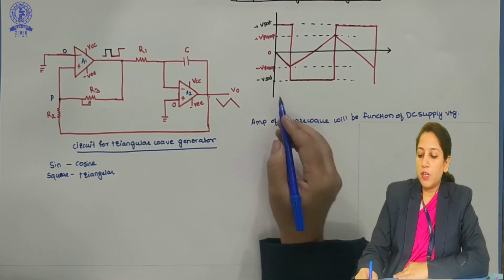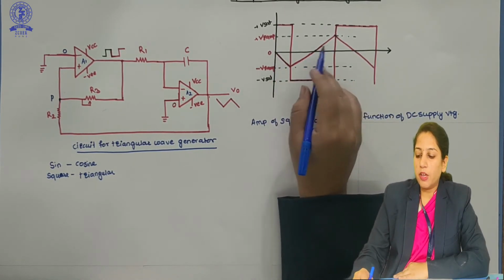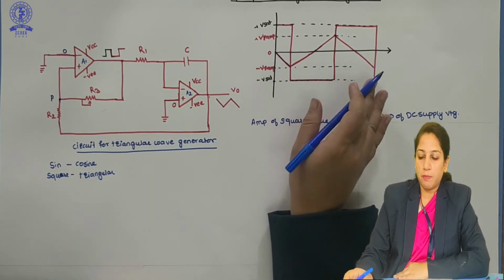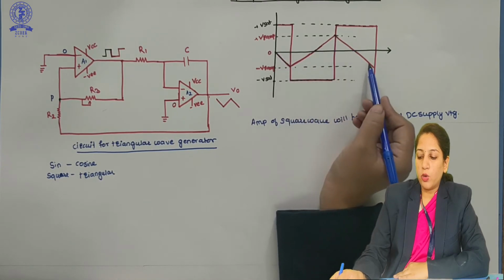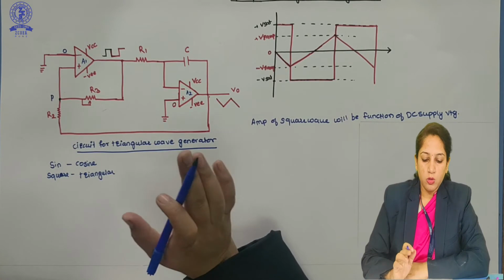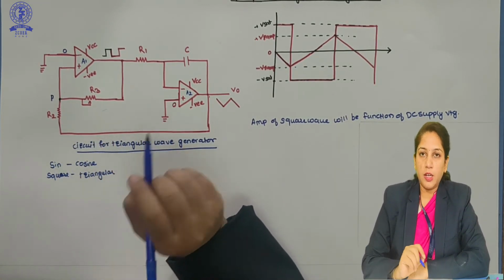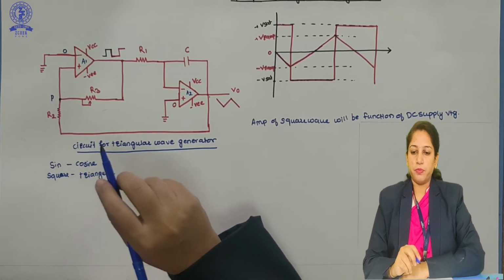And the frequency of the square wave and triangular wave will be the same. The amplitude of the triangular wave will depend upon the components used here. Okay, so this will be more dependent upon R3, and we will see the derivation for it.